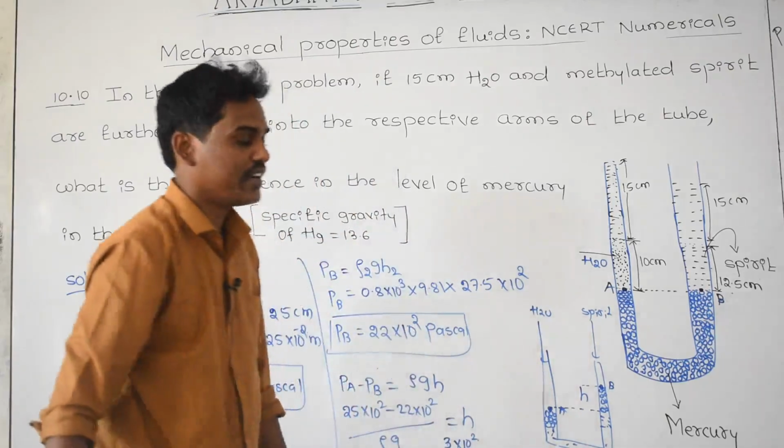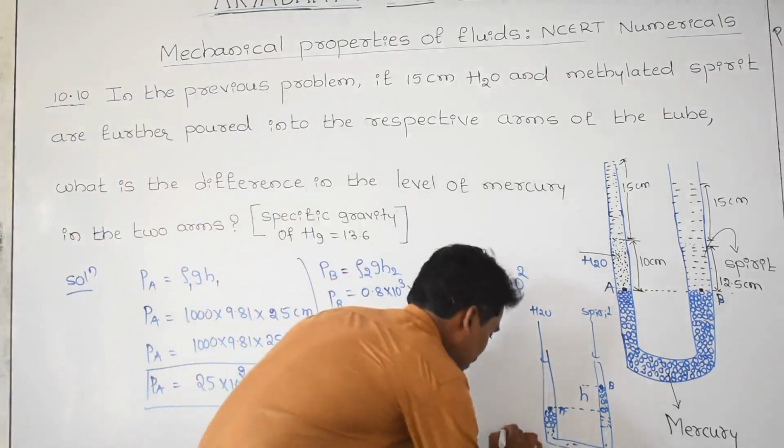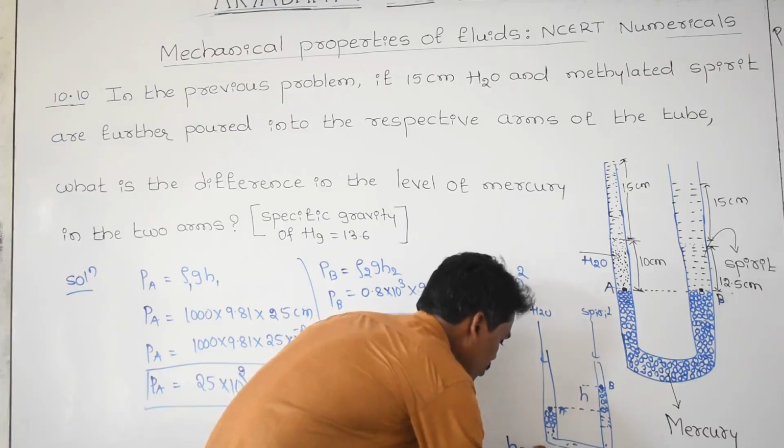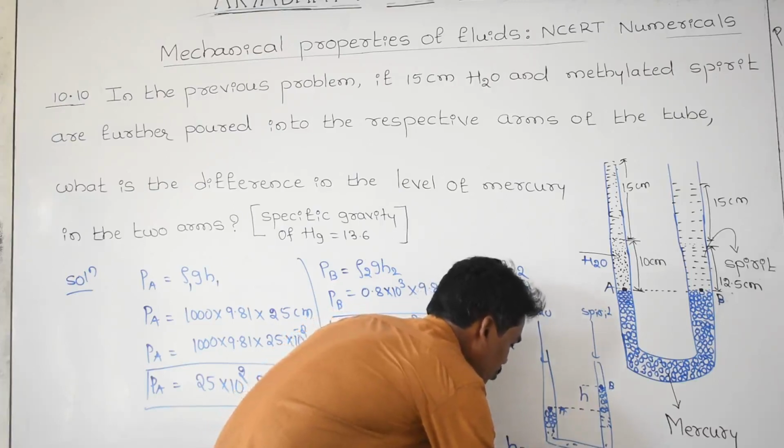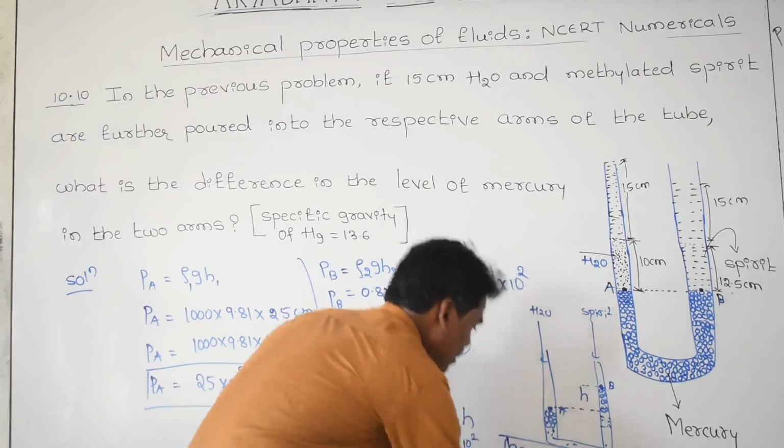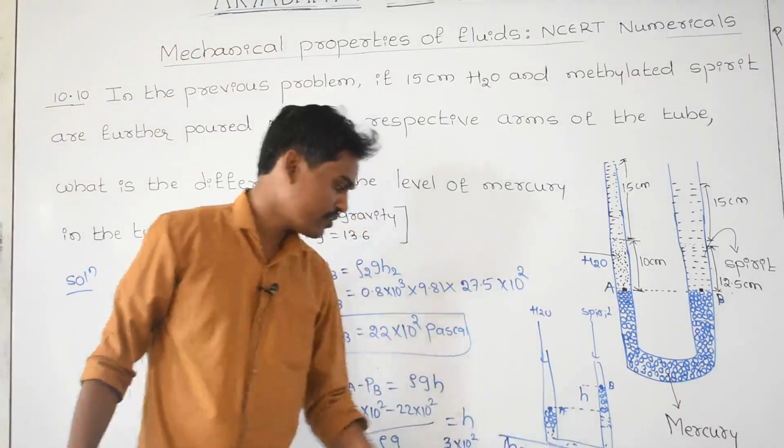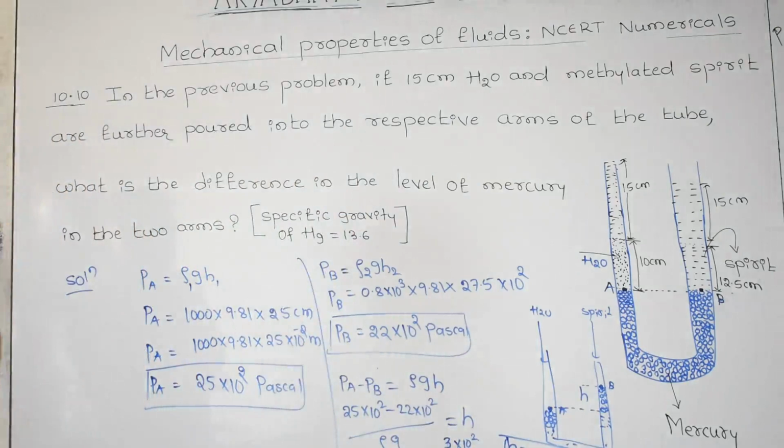After calculating, you get H equal to 0.0022 meter. This is the difference in the levels of the mercury.